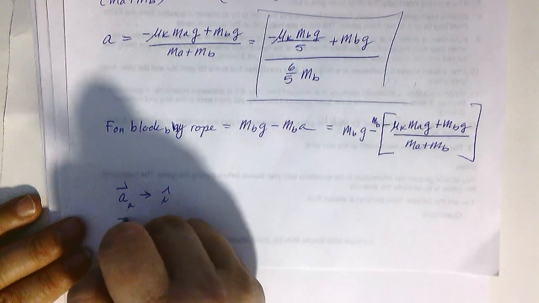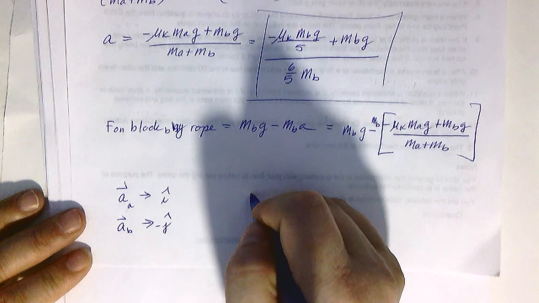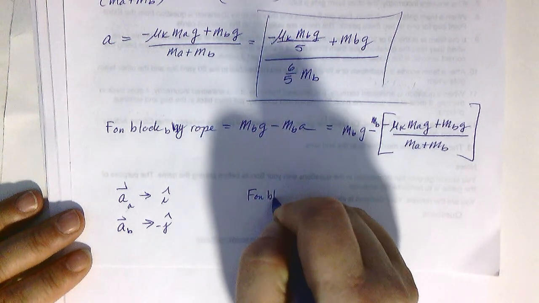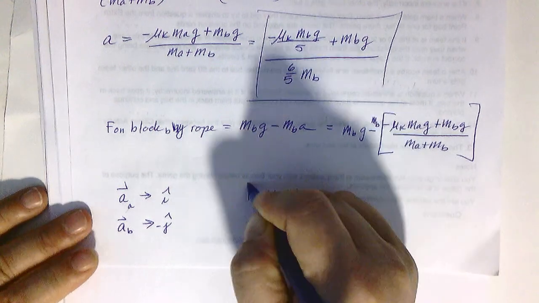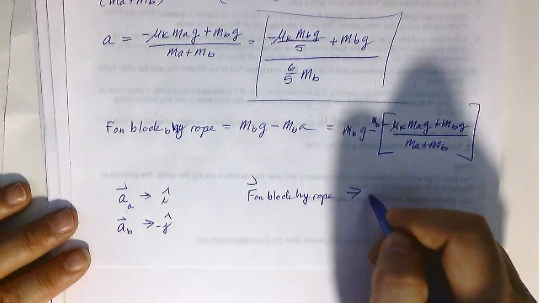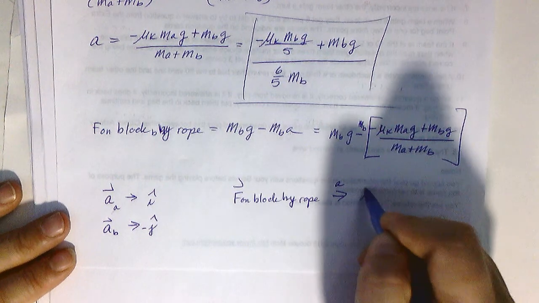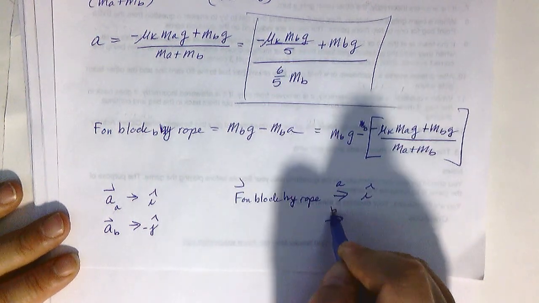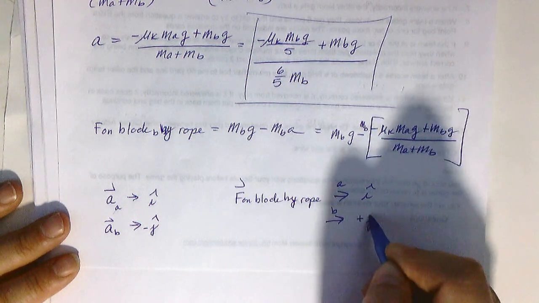For a sub B, we're just going to add the direction negative j hat. For the tension, force on block by rope, for block A, we're going to make that go east, i hat. And for block B, we're going to make that go in the plus j hat direction.